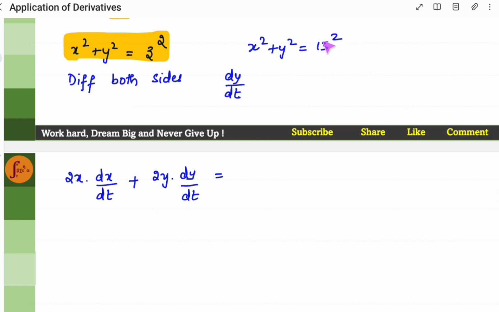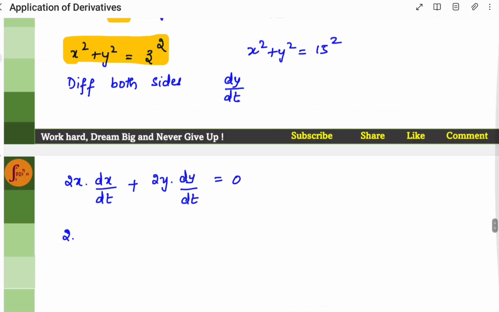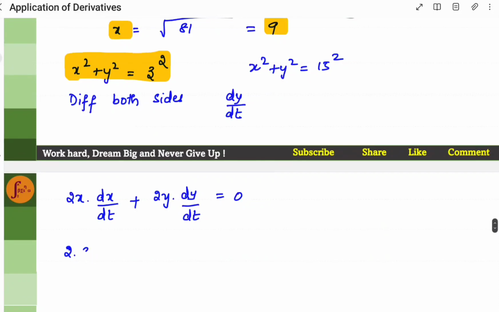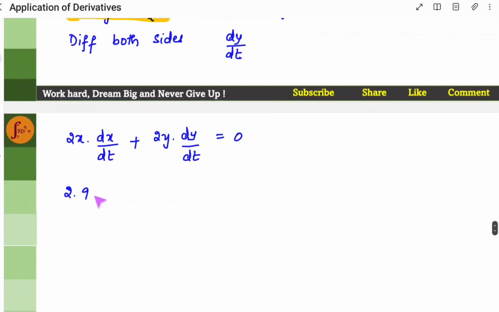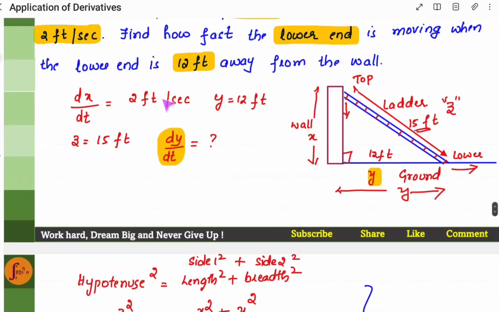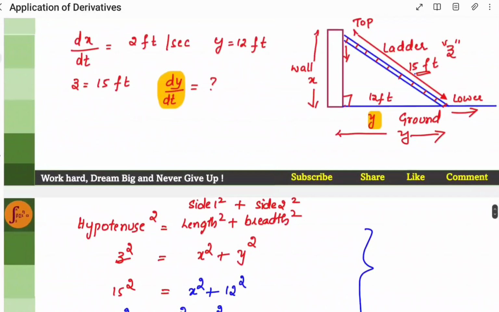What is the derivative of a number? It is 0. So now, 2 into x. X is 9, we got that. That's why we did this entire thing, so that we could get the value of x. X is 9, dx by dt is 2 feet per second, plus 2 into y. Y is 12 feet.